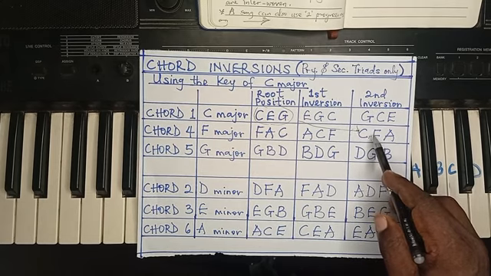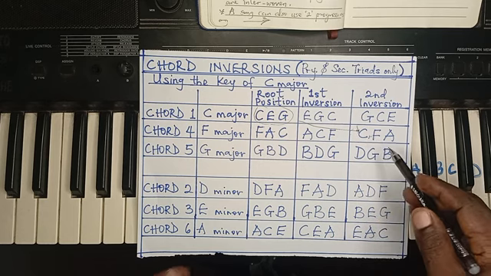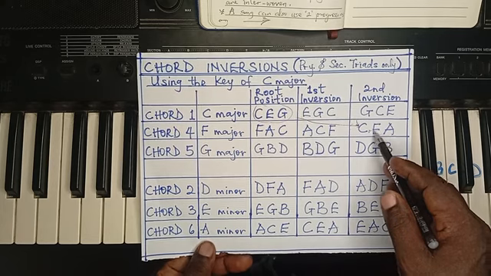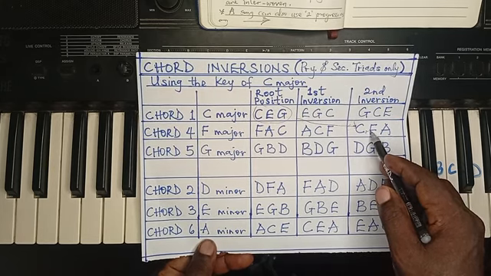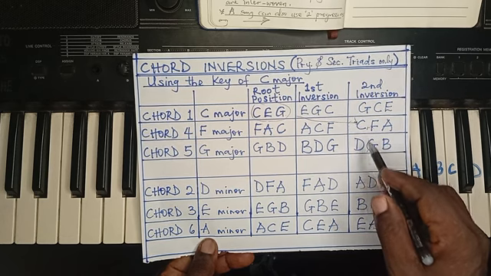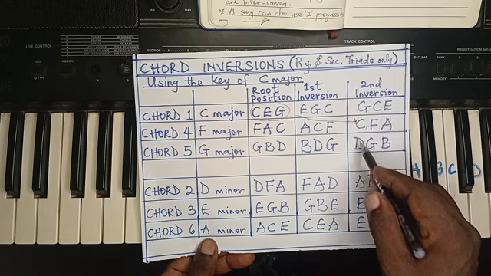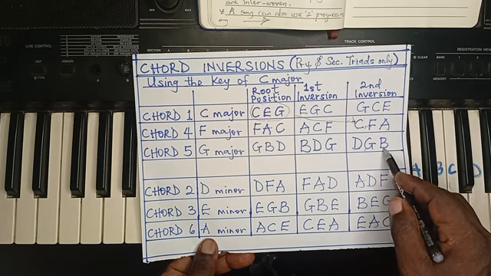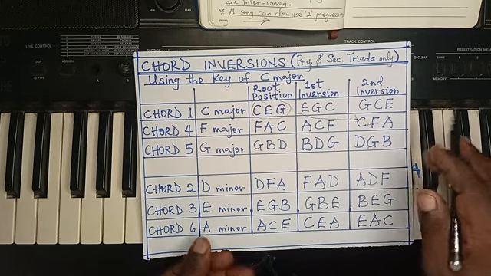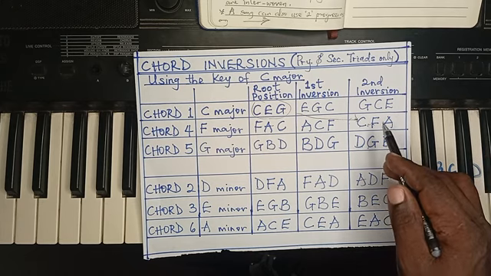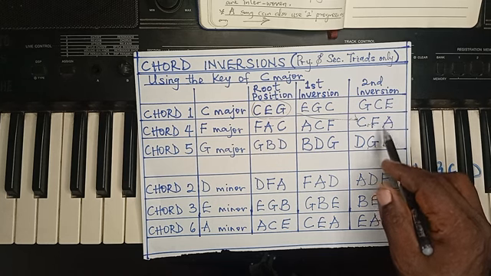Then to 5. Which inversion of chord 5 is closer to this? You discover that it is this second inversion as well, because easily C will move to D, F moves to G, and A moves to B, just a note next to each of the notes of chord 4 at second inversion.